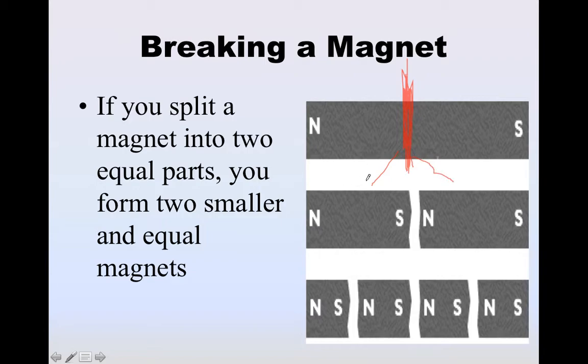What scientists have noted is that the north pole and the south pole will keep their tendencies, but the end down here will take the tendency of the south, and this one on the far left will take the tendency of the north pole. So it's almost like if I break it in half, then what I have are two smaller but equal magnets. The same goes here. I'd split this one apart, and you have two smaller but equal magnets.